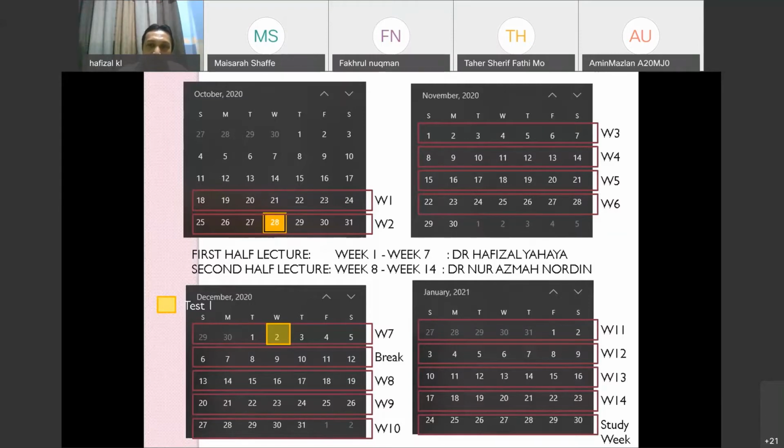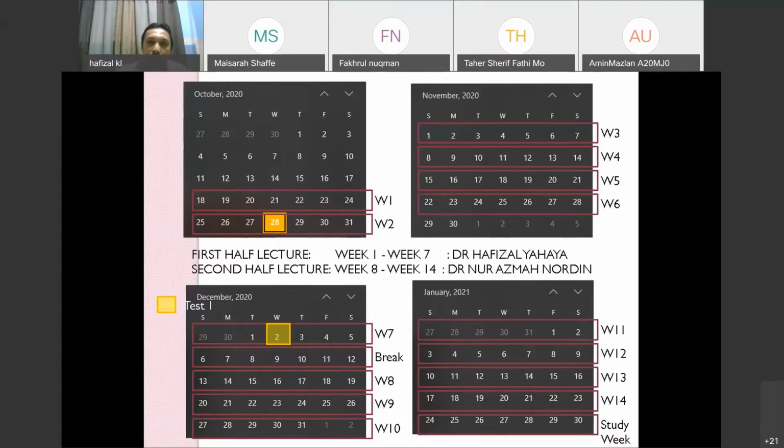Due to the coronavirus, we have to tune a little bit. The contact was supposed to be face to face, but we will use face to face via online. Not all the material can be delivered online.